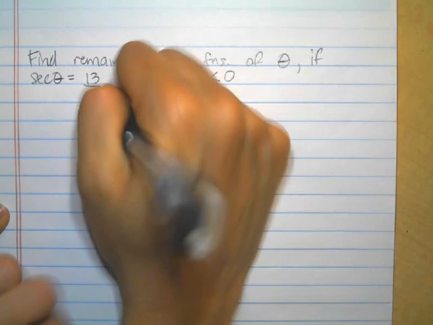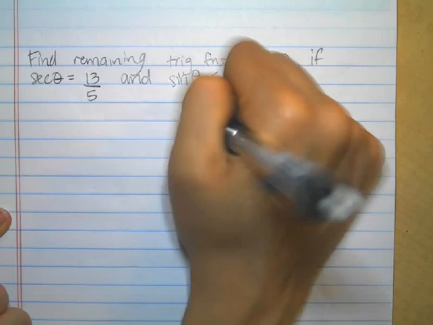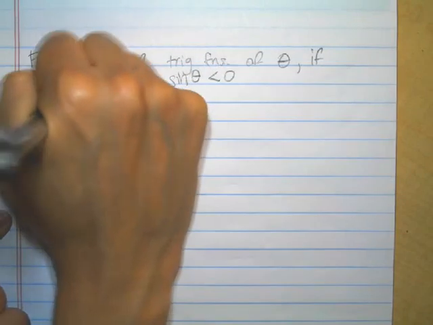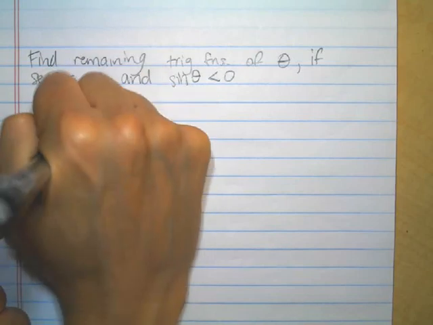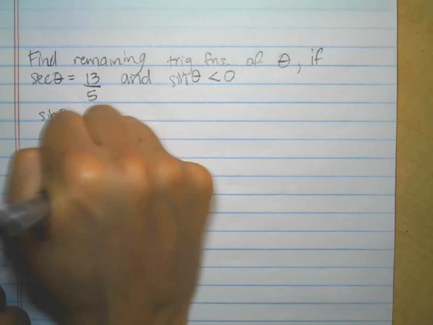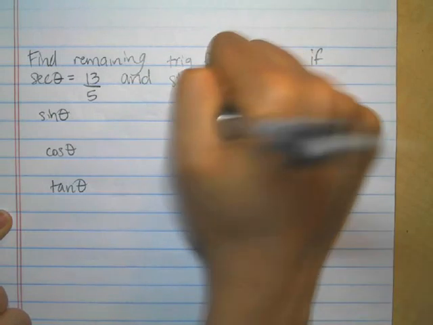How do I find the other side? Pythagorean theorem, good. So I'm going to say a squared, which I don't know, plus b squared, which is 5, equals the hypotenuse squared. So a squared plus 25 equals 169. And then what do I do?